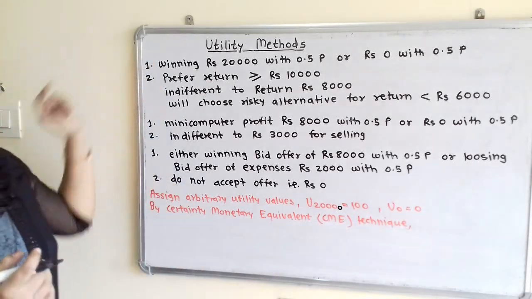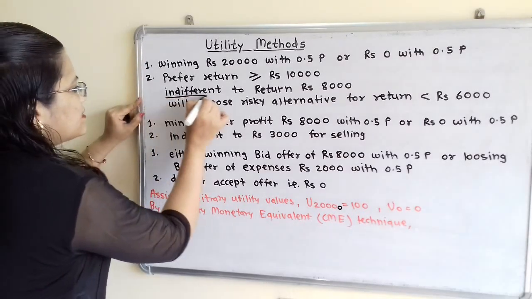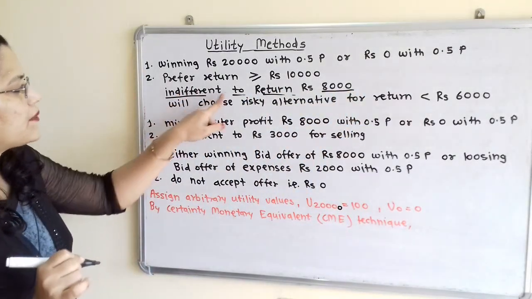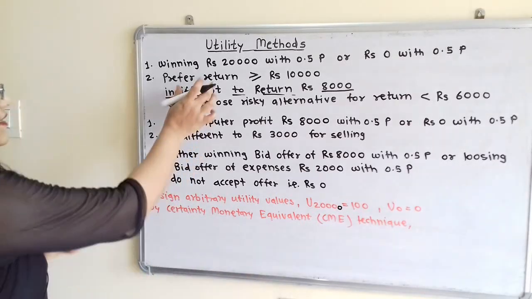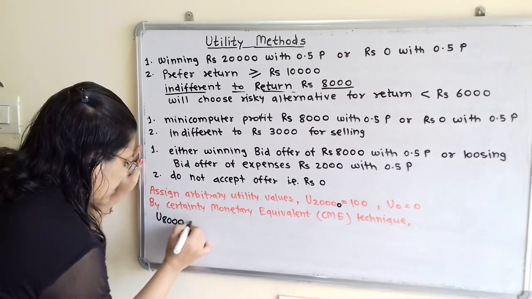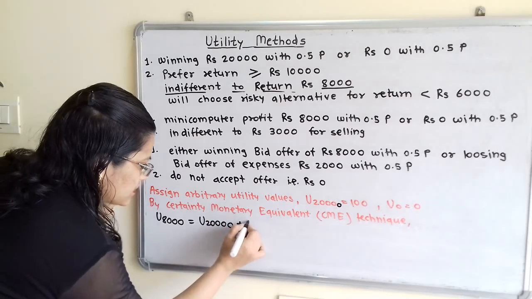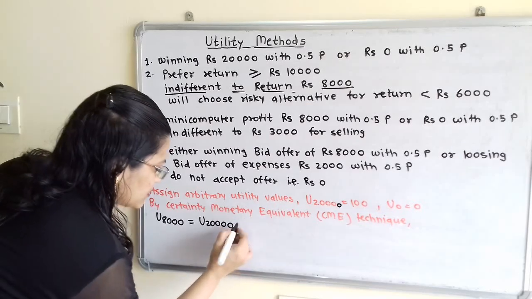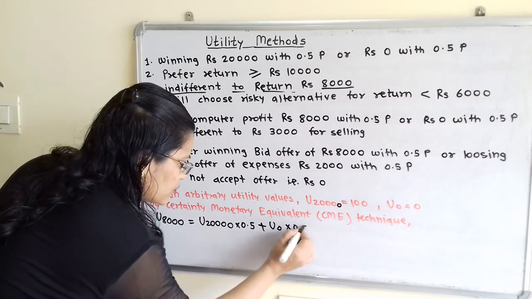Now we will write the first equation for the first case. We will select the indifference to rupees 8,000, because only when the person is indifferent can we apply this technique. So we can write this equation: U(8,000) is equal to U(20,000) multiplied by 0.5 plus U(0) multiplied by 0.5.